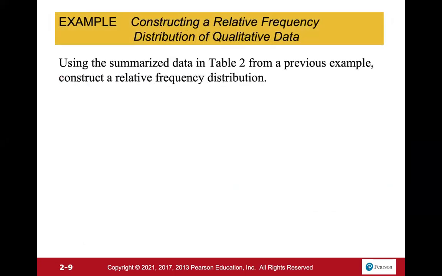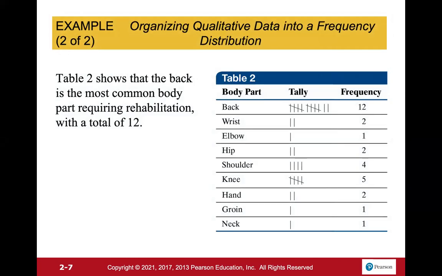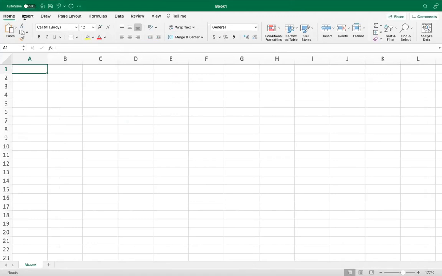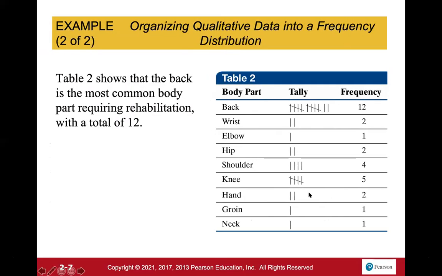This is how we're going to get the data and have Excel organize it for us. So in Excel over here, we could go to Insert and select Data from Picture. And we're going to take a picture of this right here.